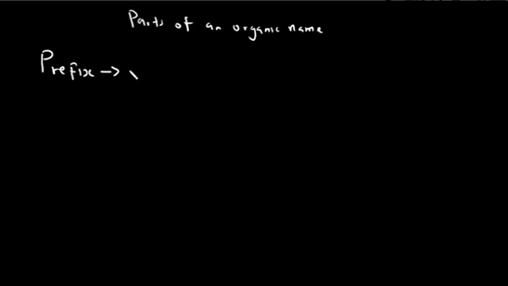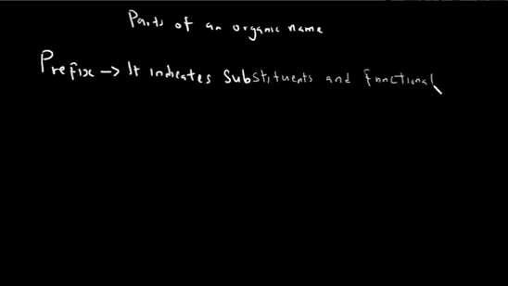The prefix is the first part of the organic name, and what it does is indicate substituents and functional groups of lower priority. That's the prefix. What did I say it indicates? Substituents and functional groups of lower priority.